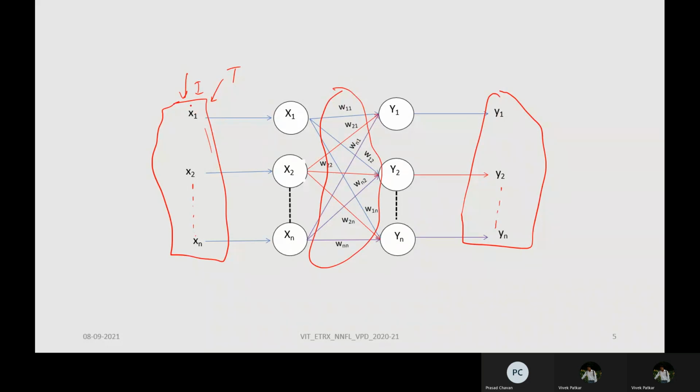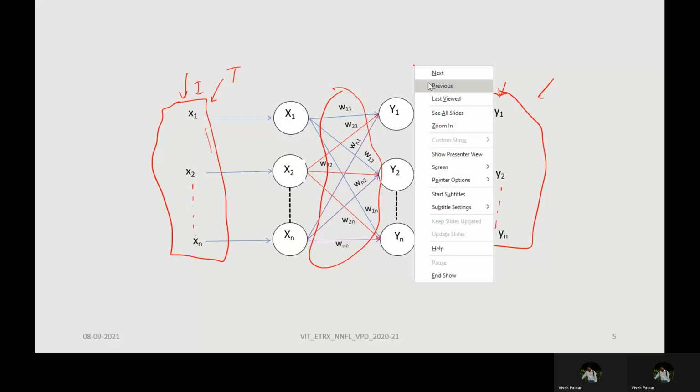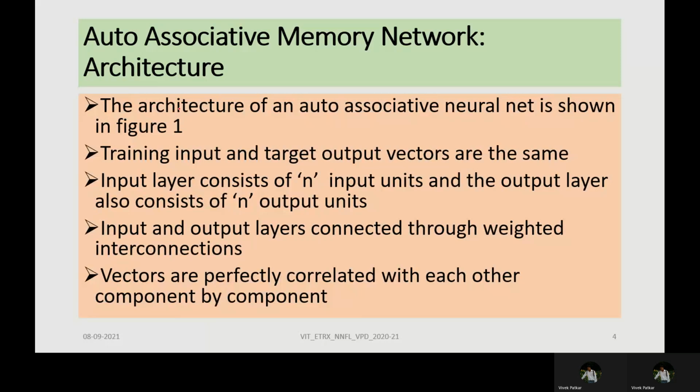After that, if I present a damaged pattern, it should generate at the output a known stored pattern which is closely related to the damaged pattern. That is called auto association. Architecture-wise, the training and target input vectors are the same.